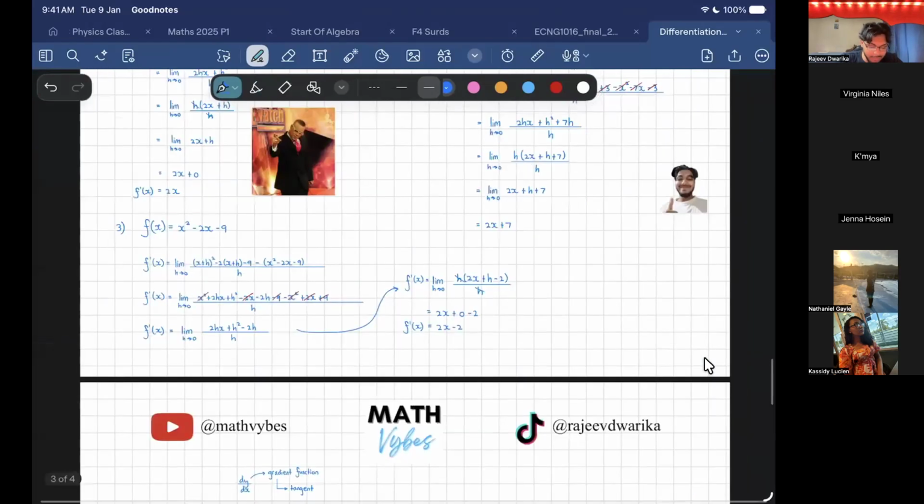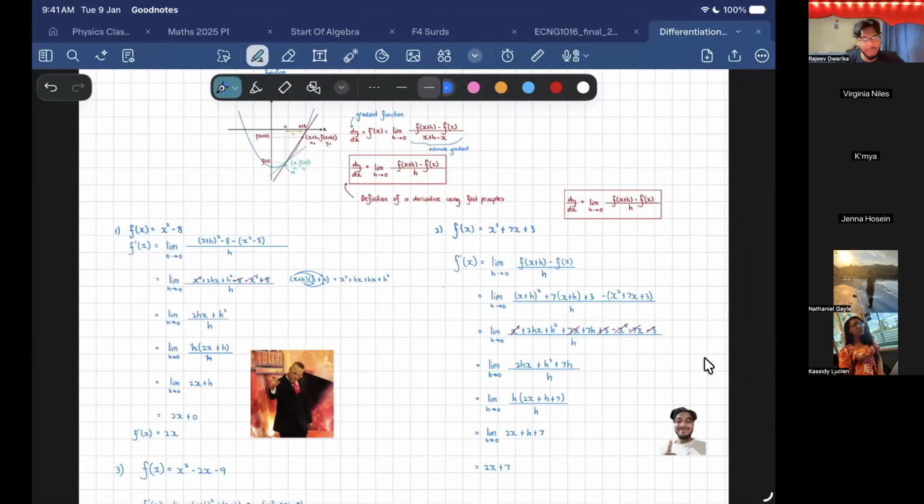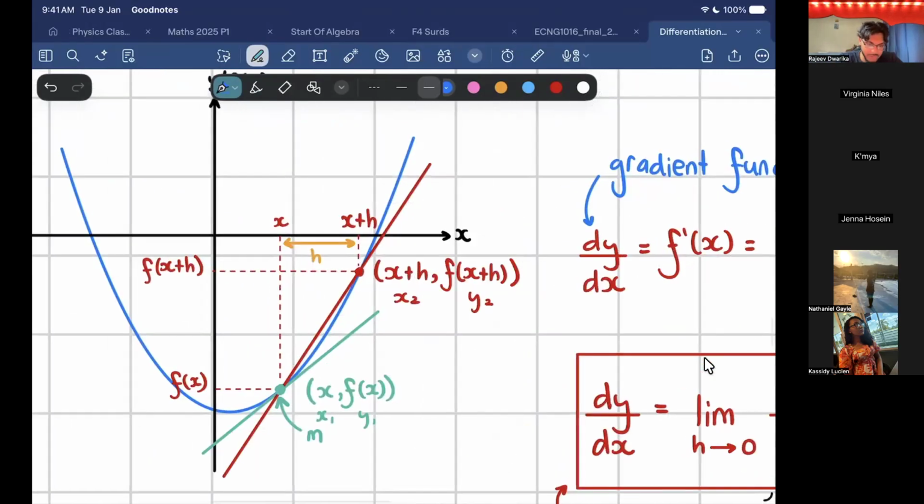So we would have looked at first principles, which is the concept behind differentiation. You want to find the gradient at a specific point, but you're dealing with a curve. You can't just take 2 points and find the gradient in a line. So what they decide to do is take 2 points, and as you make those 2 points closer together, that gradient approaches the actual gradient.